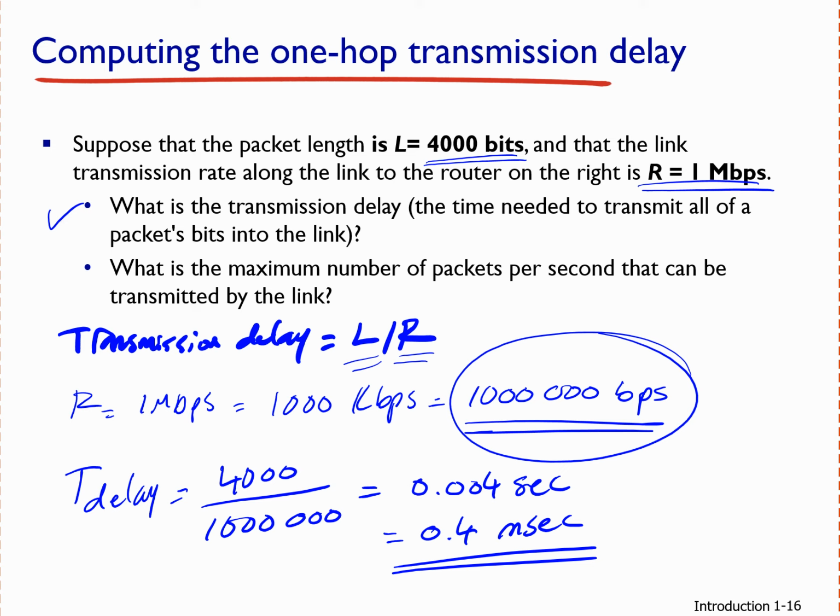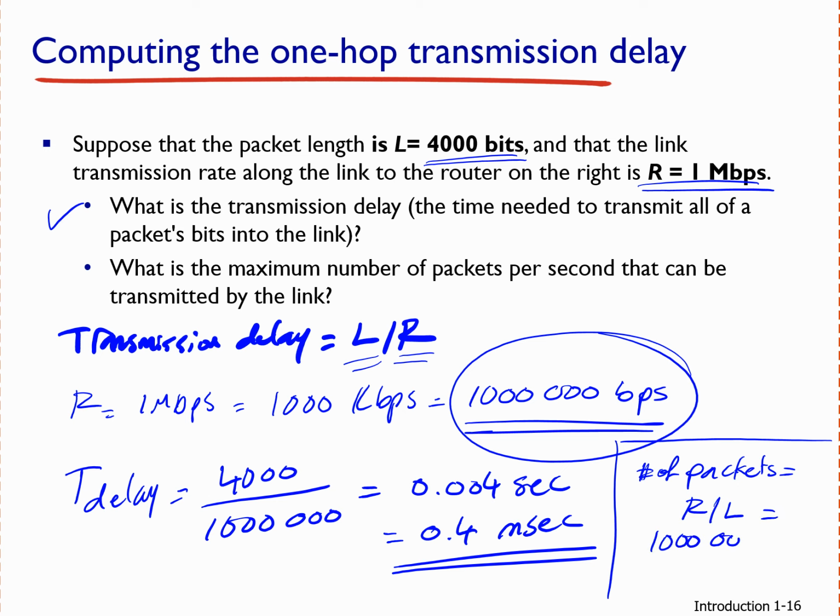So to get this value, simply we will go ahead and divide the rate by L, so the number of packets equals rate divided by L, and that will give you 250 packets that can be transmitted using that rate per second.